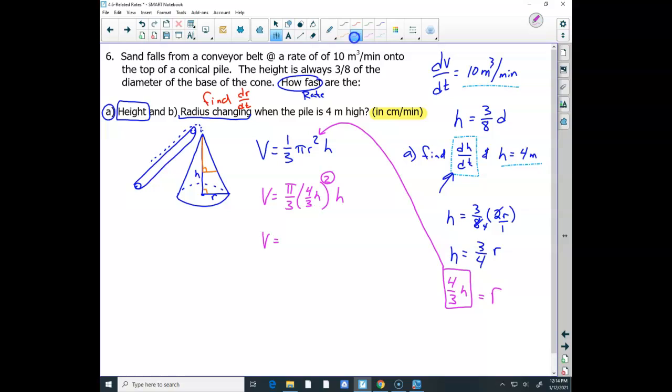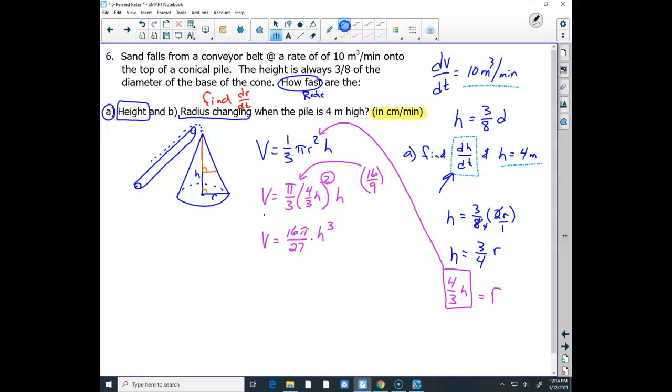So I'm really going to get 16 pi over 27 times h cubed when I simplify that out, because 4/3 squared gives me 16/9. My 16/9 times my pi over 3, that's where my 16 pi over 27 comes from. h squared times h gives me h cubed.